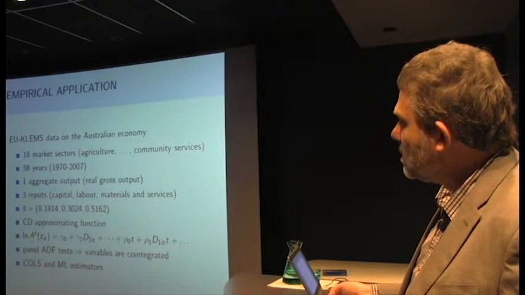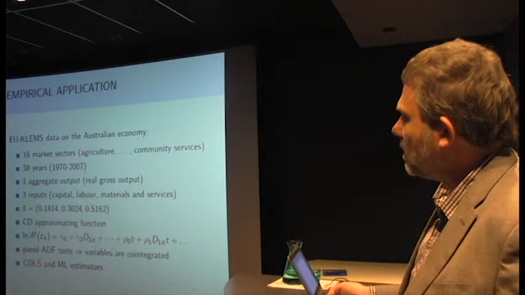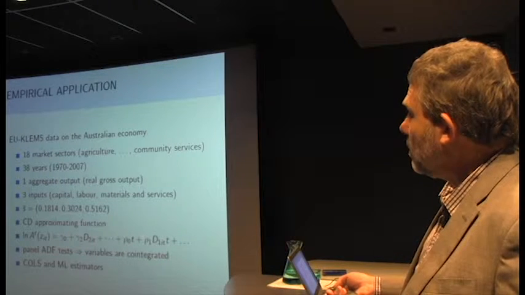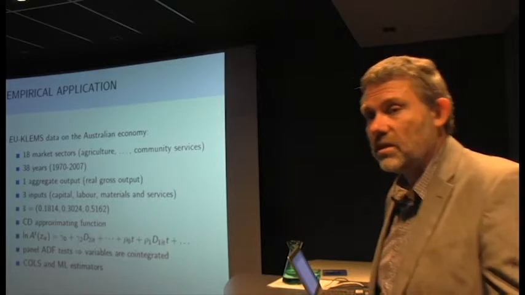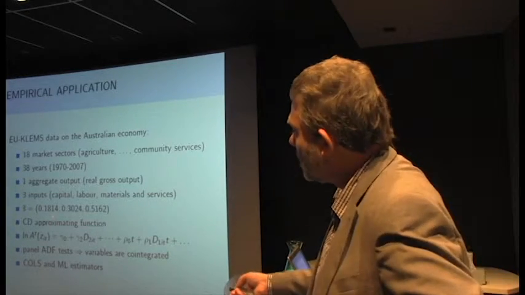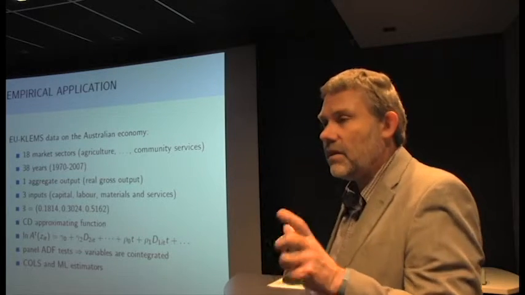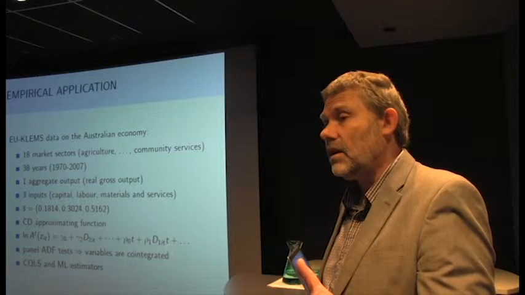And this ATZ component, right, in here, I have to actually put a bit of structure on this. And so what I'm doing is I'm including a time trend and interactions between time trends and dummy variables. So this is technology and environment. This is accounting for variations in the production environment.